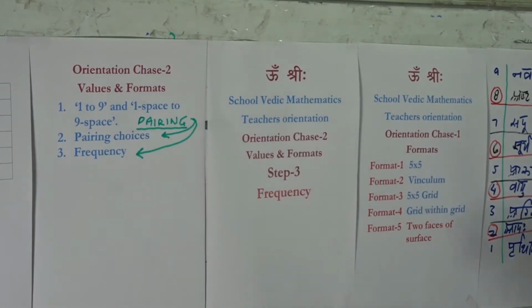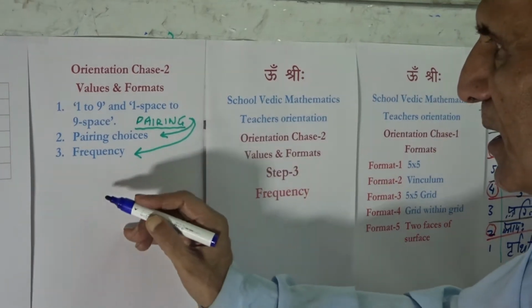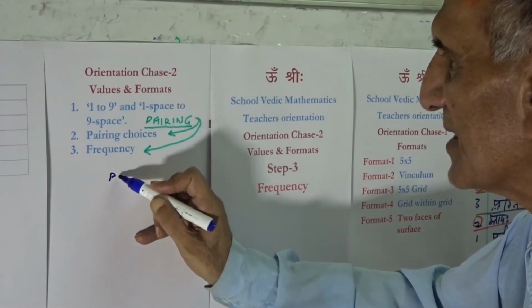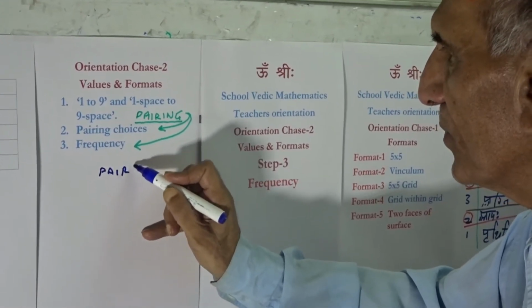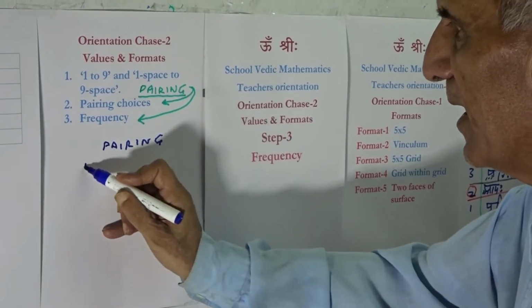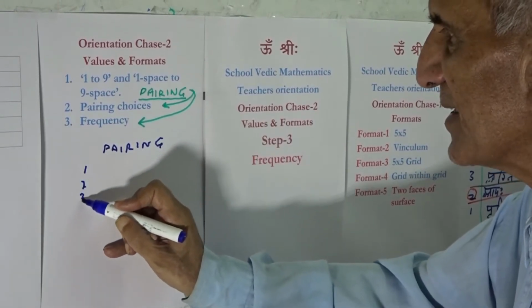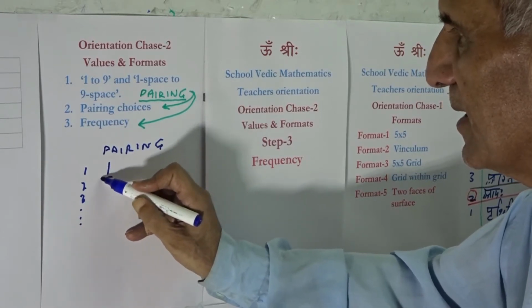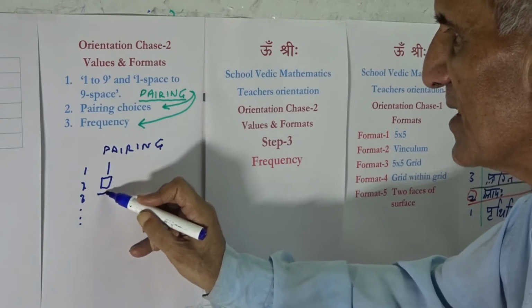Now a step ahead, we are reaching pairing frequency. From the concept of pairing, where on the one hand we had values, on the other hand we had geometric entities.